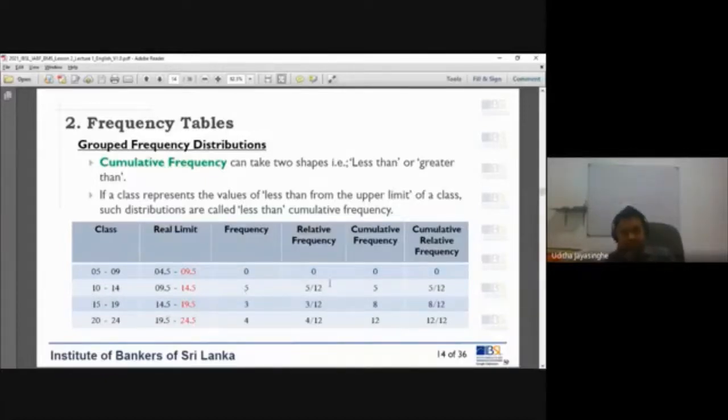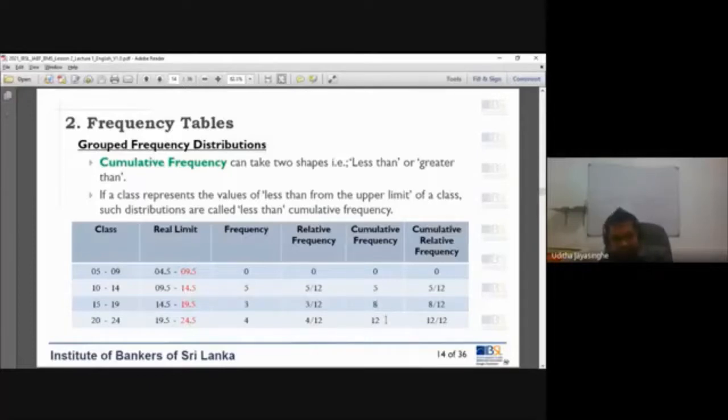Relative frequency we discussed a moment ago. What's the total number of frequency? That is 12 items. So 5 divided by 12 is the relative frequency for this class, then 3 divided by 12, 4 divided by 12. Now look at the cumulative frequencies, this next column, watch carefully. The first is 5, that's fine. But the second is not 3 anymore, it's 8, 5 plus 3.